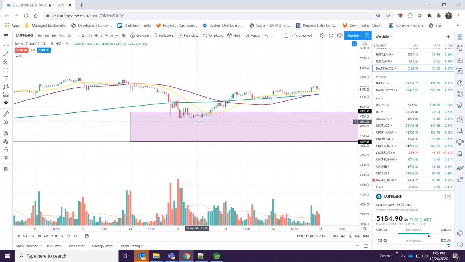And how to find the buying entry? We have to look for a W pattern breakout or any resistance breakout in this case. So in this case, when it comes to the demand zone like this, let me first play it in the replay mode.